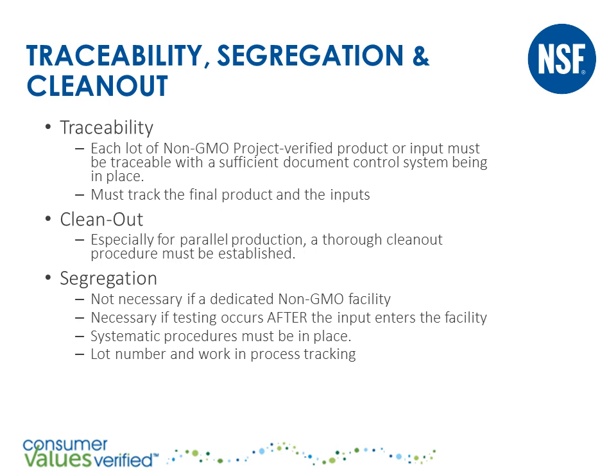If the operation is dedicated strictly to Non-GMO Project standard compliant production, then segregation measures within the production operation are unnecessary. Segregation measures are required if the facility is not dedicated to Non-GMO Project verification, and they are critical where any products are manufactured on shared lines.